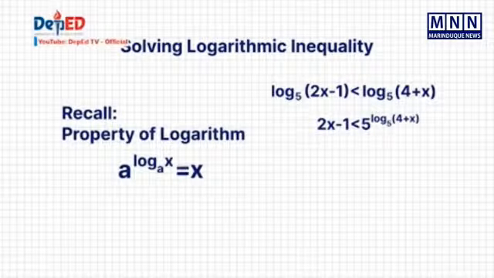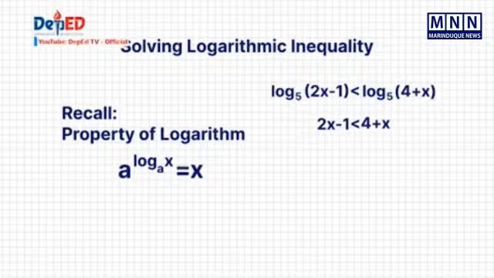Recalling the properties of logarithm, we know that if we have a raised to the logarithm of x with the base a, that is simply x. Hence, 5 raised to the logarithm of the quantity 4 plus x with the base 5 is simply 4 plus x.